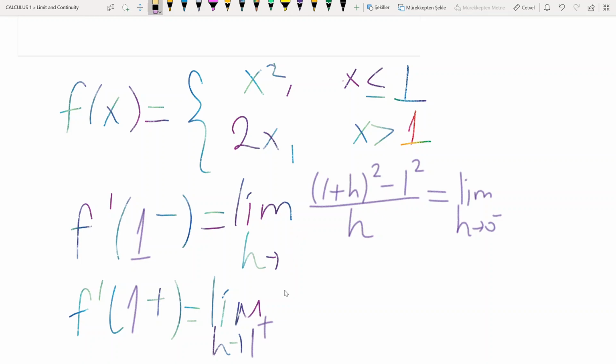This is 0, of course, I am very sorry. It's coming from the definition of derivative. If you expand this formula, you will have 2h plus h squared divided by h, and if you cancel all these h's, you will have 2.